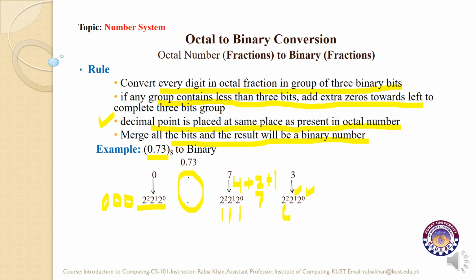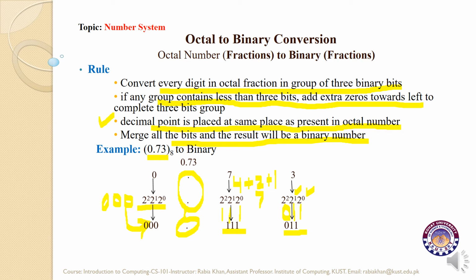So here you can write 0, 1, 1 this way. So the result is this: zeros for the integer part 0, the decimal point stays at its place, as you can see, and for 7 we have generated triple 1, and for 3 we generated 0, 1, 1.